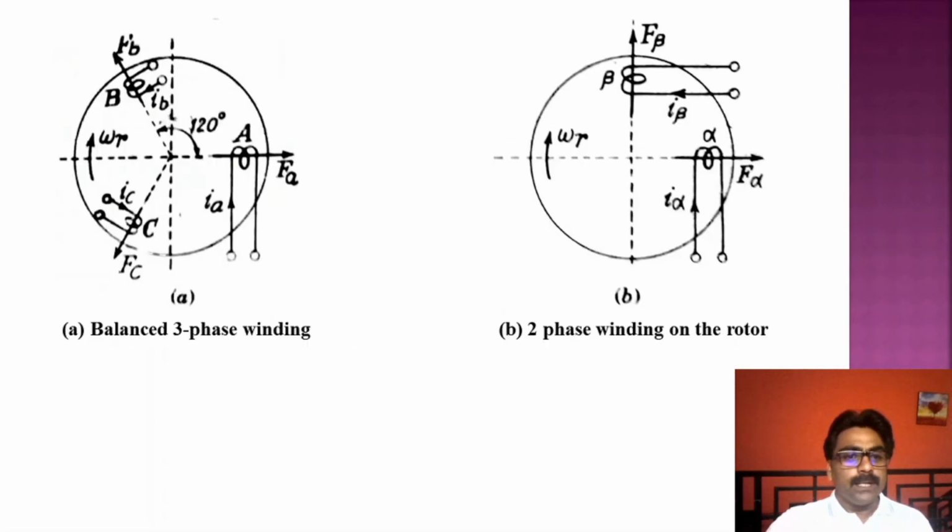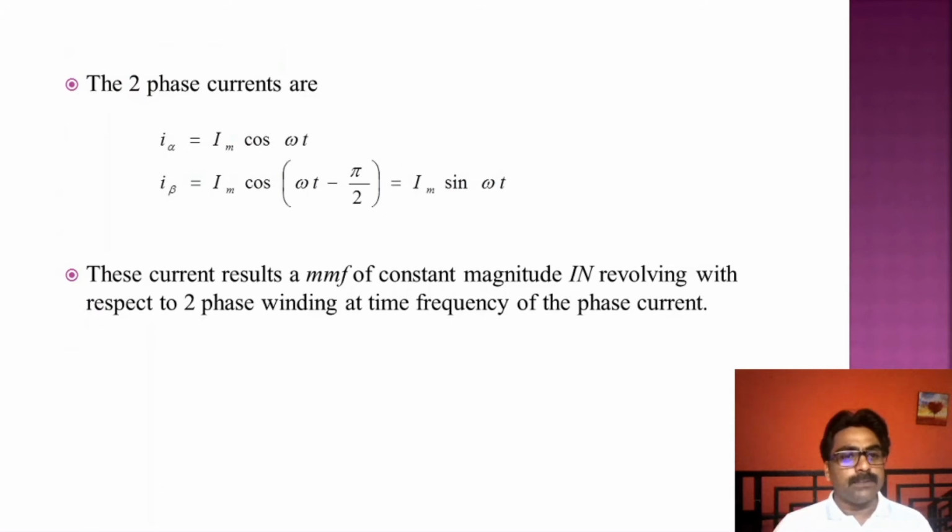Similarly, we have the phase current equations for I alpha and I beta. Now just have a look at the point which I mentioned. This current results in a resultant of constant magnitude of I into N. As I mentioned at the beginning of the video, if you are good with the fundamental equations and concepts of the three-phase system, then it is quite easy to understand the transformation.